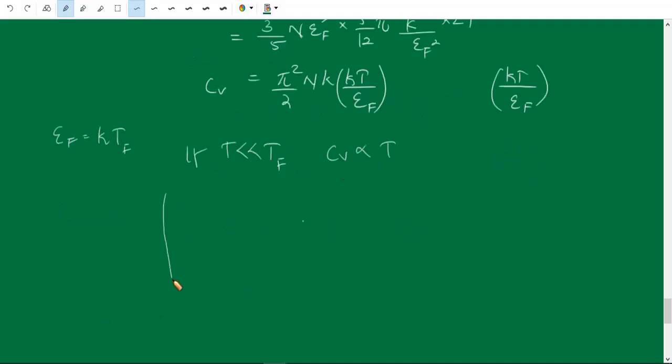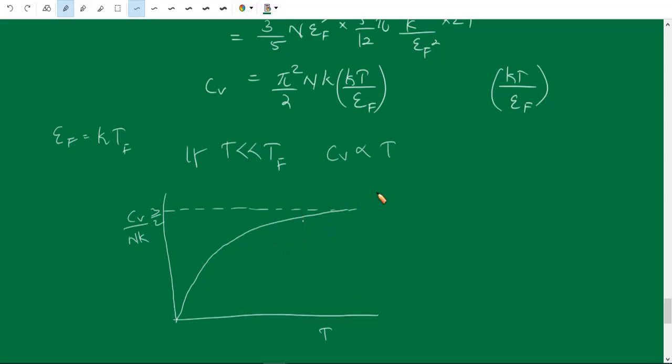We can draw the graph of CV by Nk versus T. So we know that at high temperature, the value of specific heat is 3 by 2 Nk.